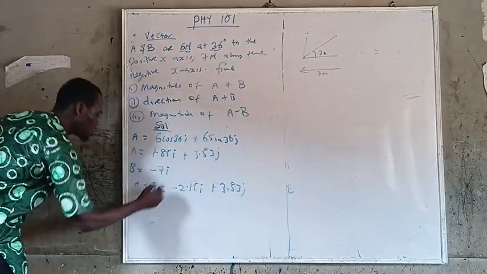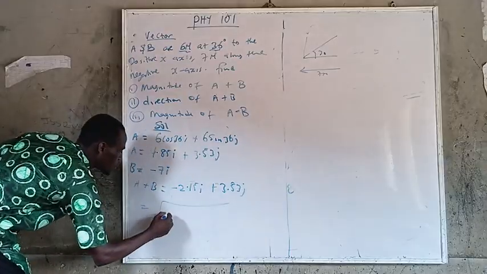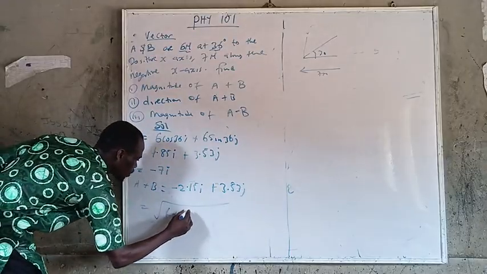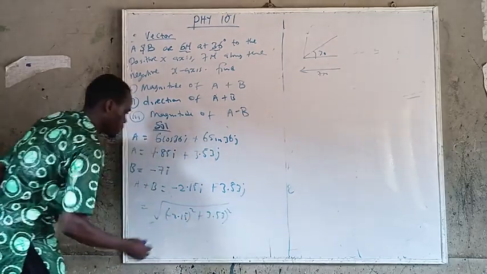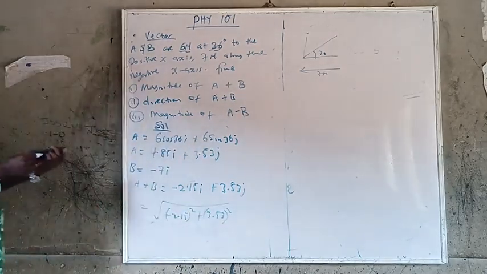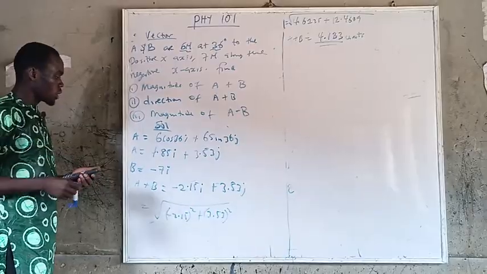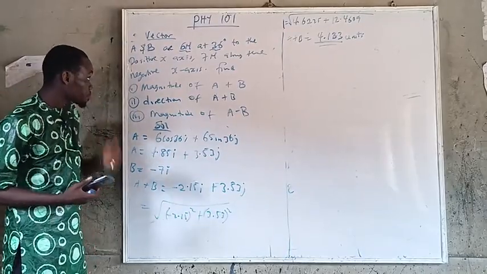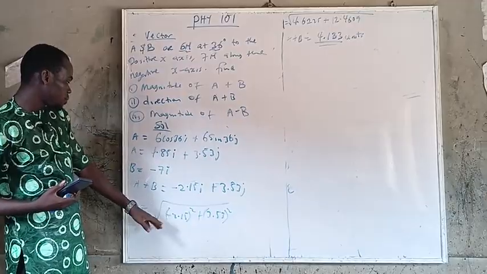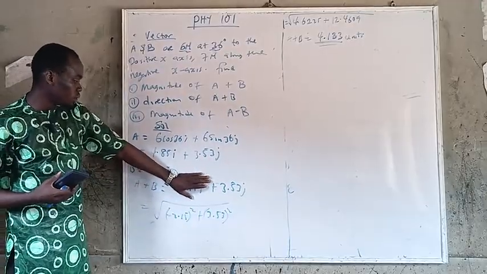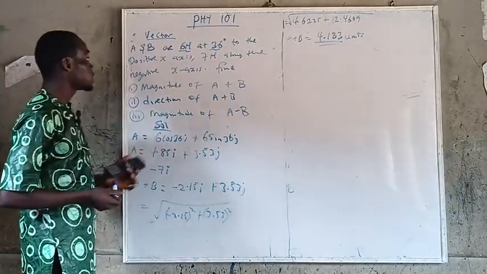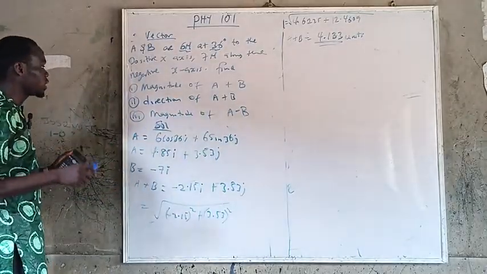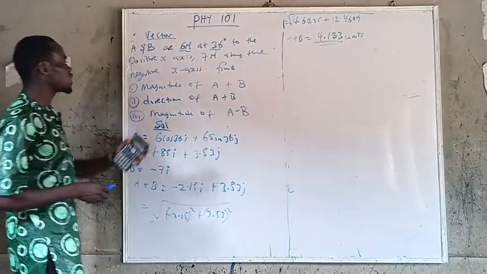So to find the magnitude, it will be the square root of minus 2.15 squared plus 3.53 squared. From where I stopped, you can see when you take the absolute value, you square, you add, then you take the square root, you arrive at 4.133 units.